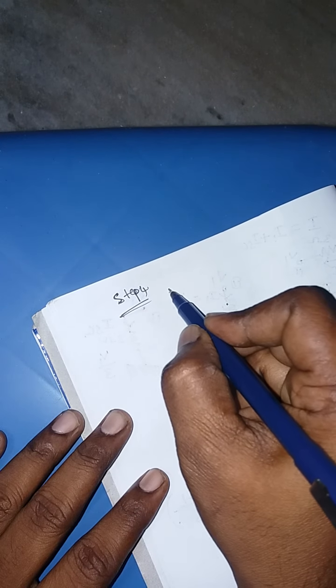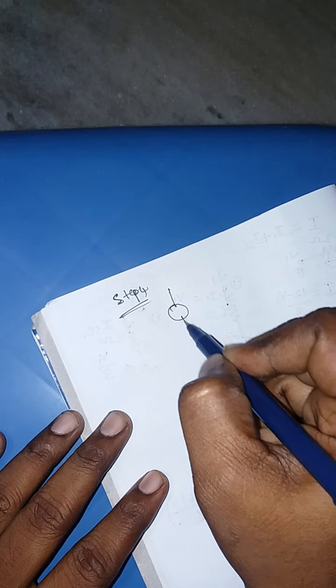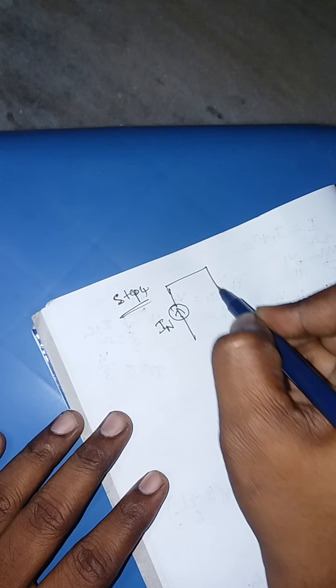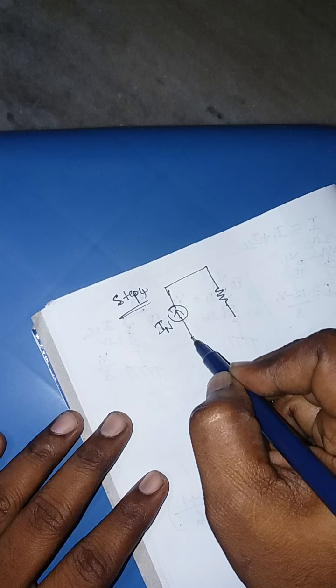Now step 4. Draw the Norton's equivalent circuit. This is IN, and here it is RN.